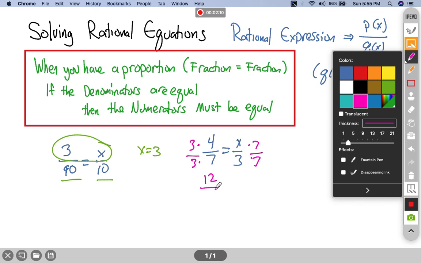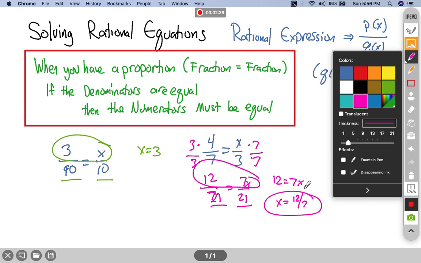And I get 12 over 21 equals 7x over 21. And since the denominators are equal, I can say the numerators have to be equal. 12 has to equal 7x, so x has to equal 12 over 7.